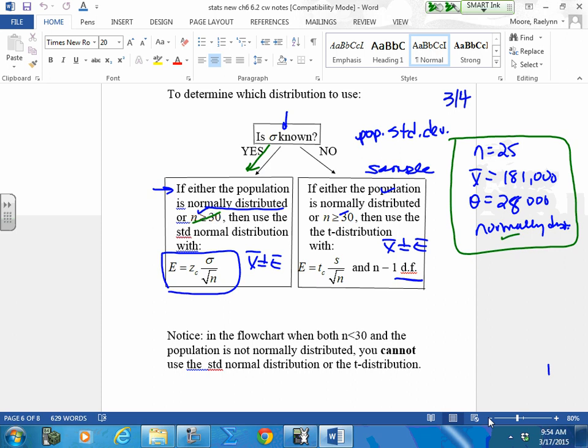Yes. Then we use your z-score formula. This is from 6.1. Here's the big difference, okay? So we check to see if the population standard deviation was there. If all was good with my curve, then I use the z. That simple. Now you try it yourself, number 4.